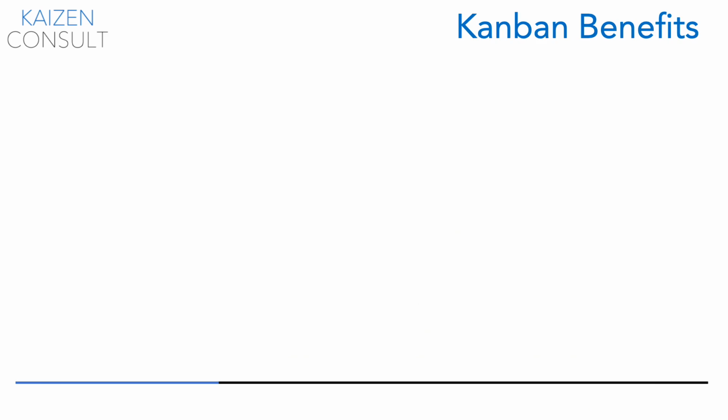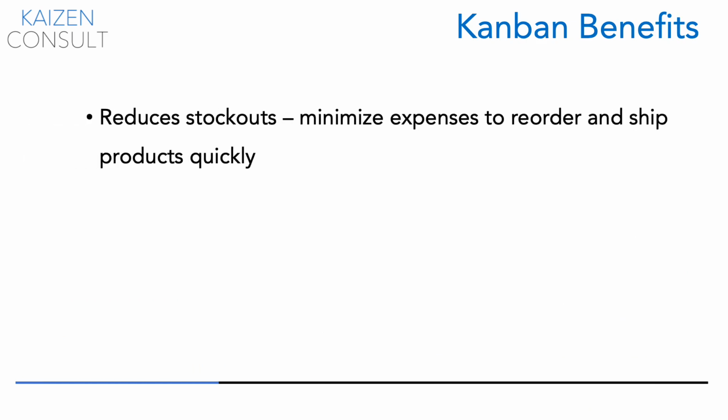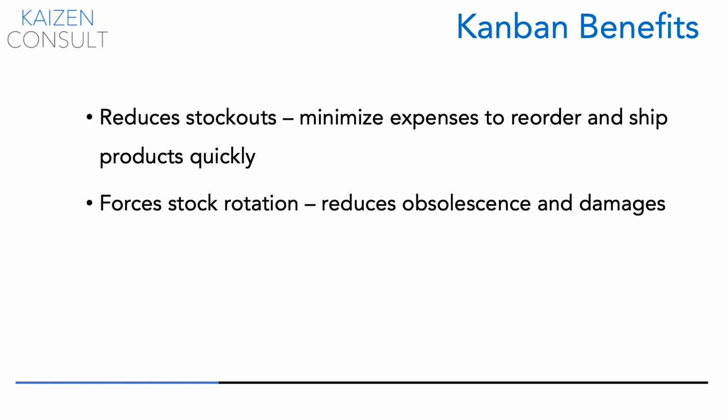So what benefits will the Kanban system bring? It reduces stockouts, minimizes expenses to reorder and ship products urgently. It forces stock rotation, with the bin system being first in, first out, reduces obsolescence and damages.